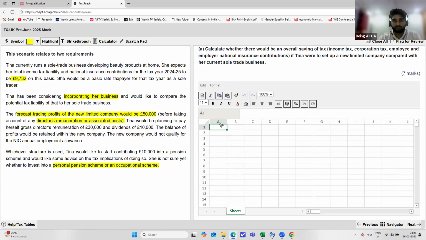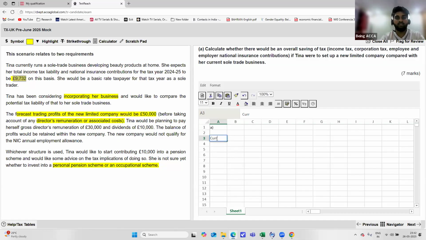They're asking us whether she would have savings, or whether there is an additional payment that would be made if she incorporates her business. First, let's identify that her current liability is 9,732.